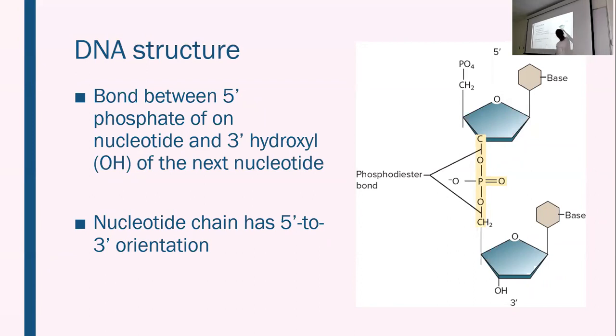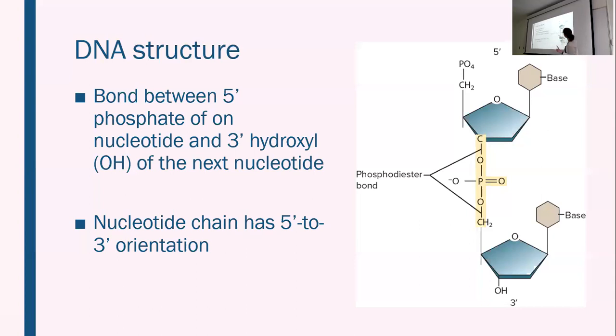This is my third carbon, so it's 3'. Same thing here, this carbon is the 3' carbon. So what I'm doing is attaching my 5' phosphate to my 3' hydroxyl.